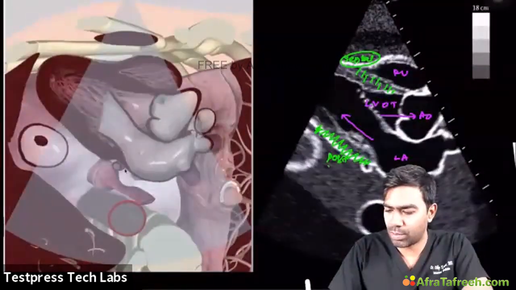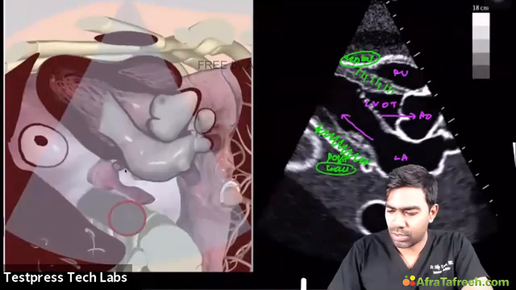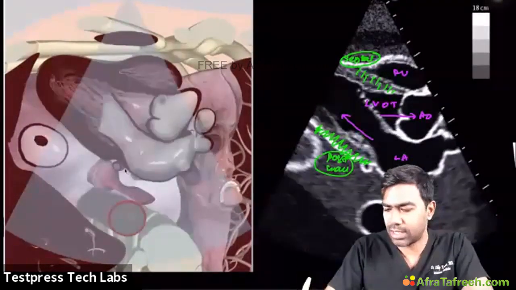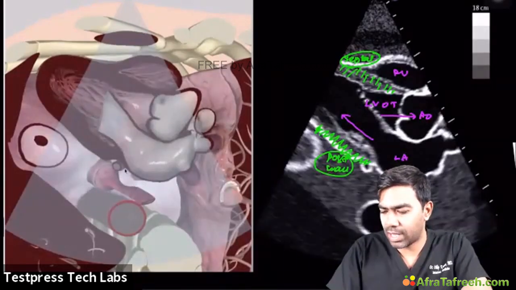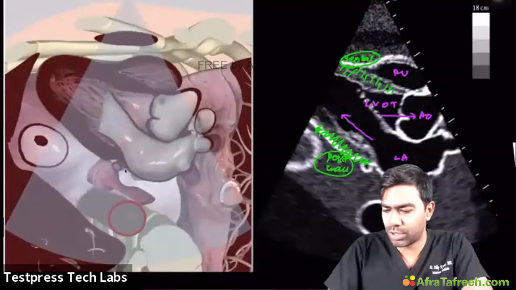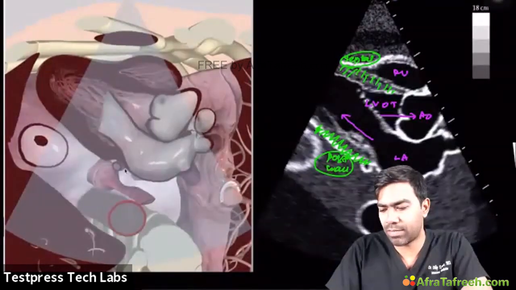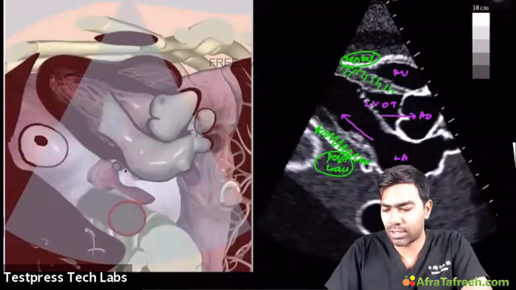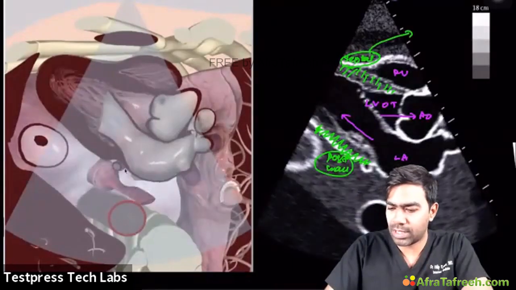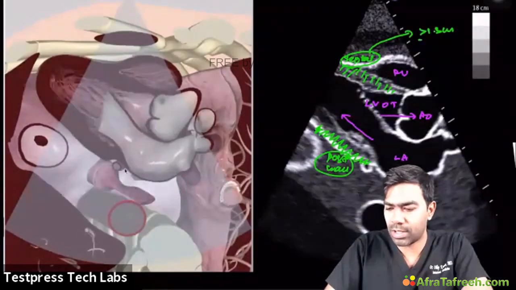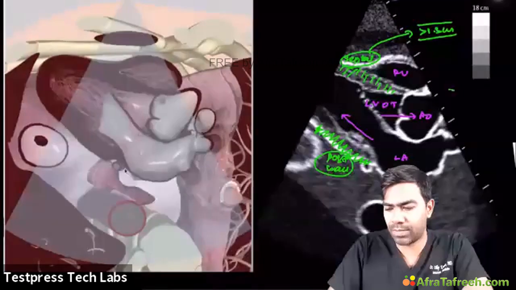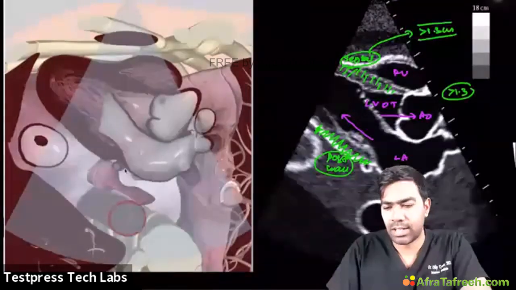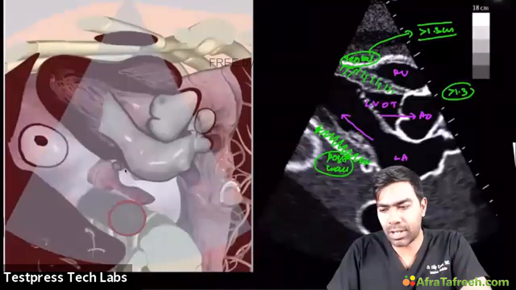So I can find out exactly what the posterior wall thickness is, and at the same time exactly what the septal thickness is. If the septal thickness is more than 1.3 centimeter, that goes towards hypertrophic cardiomyopathy. And if the ratio of septal to posterior wall thickness is more than 1.3, then I can again think about asymmetric septal hypertrophy.